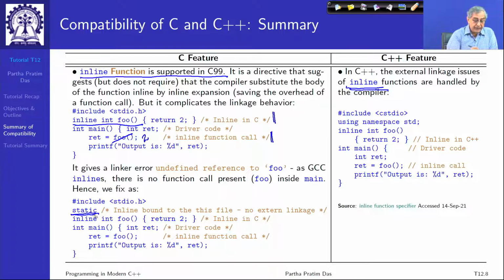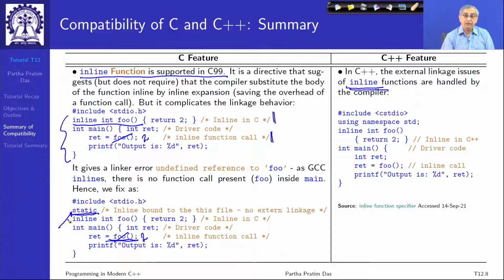Now, if we do that, then the compiler will inline and replace this call by the constant 2, which means that there will be no trace of this function in the compiled body. So, the linker, which is supposed to link and look for all these things, will not be able to do that. So, here we will face that kind of a problem.